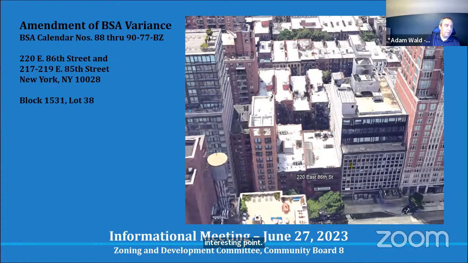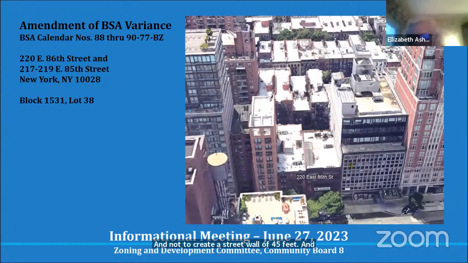So there are other properties in the Upper East Side that have done this same thing, where you essentially can lean over the building enough to create a street wall of 45 feet. It's the width of the building. So that probably if they start cantilevering over, they'll get out of the sliver law.